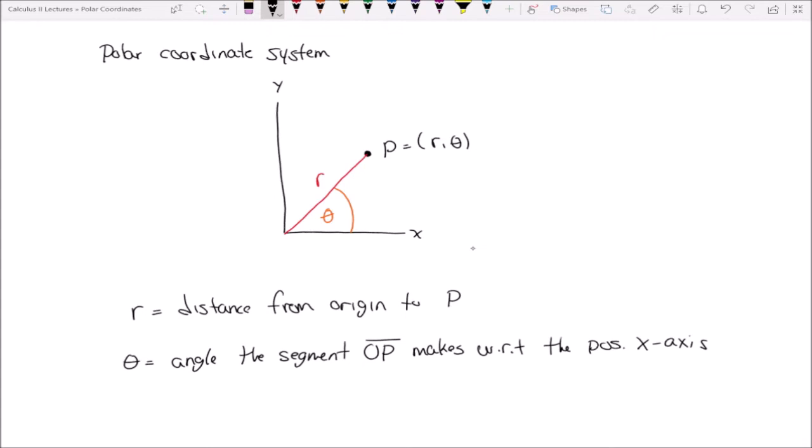Theta is the angle that the segment OP makes with respect to the positive x-axis.